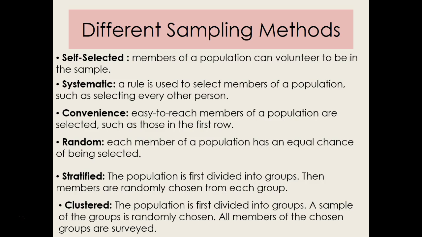When the group is selected, every member of the group is surveyed. Some of these, as we said, are not very good sampling strategies. Self-selected sampling strategies, not good. Convenience sampling methods, not good. But the systematic, the random, the stratified, and the clustered are all usually productive if they're used in the right setting.